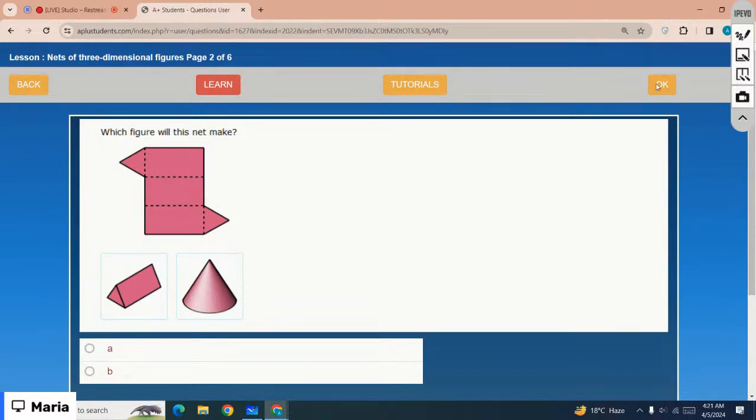Which figure will this net make? So which is the correct option?